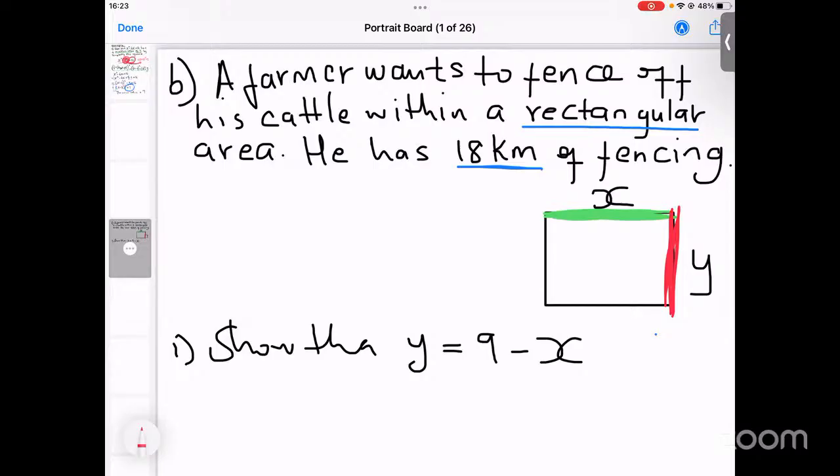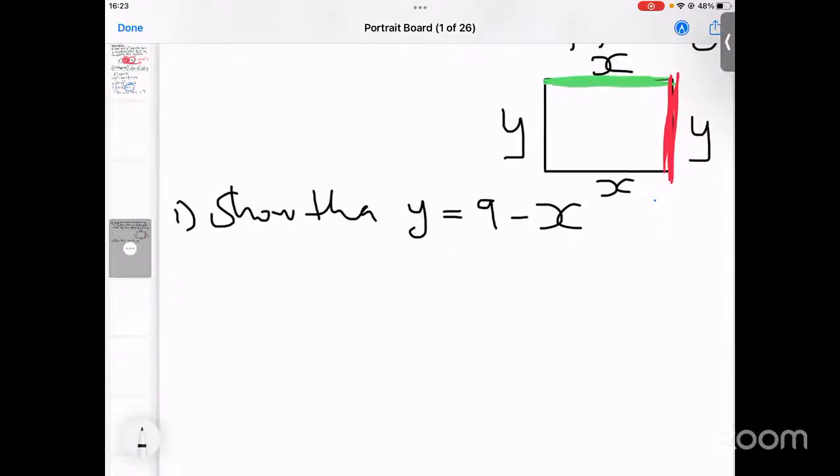So as a mathematician, you should be in a position where you will say, okay, in that case, if it's a rectangular shape, this side is also x, and that side is also y. That's what we know about a rectangle, honorable member. So what should come to your mind?